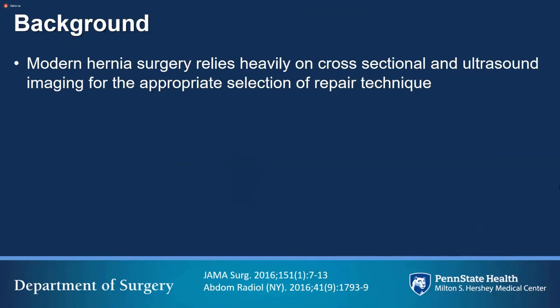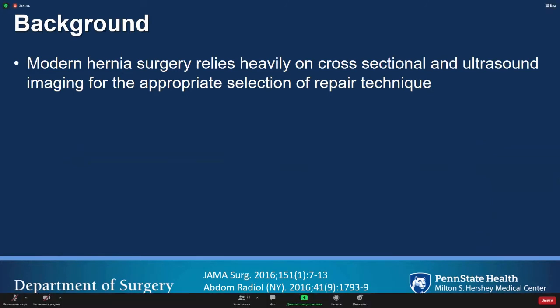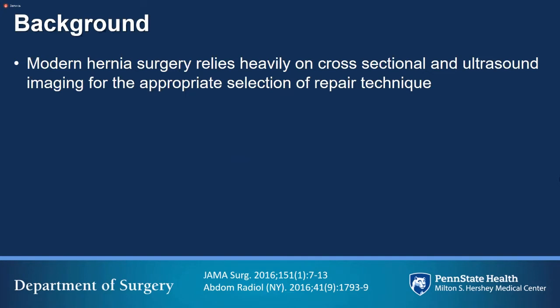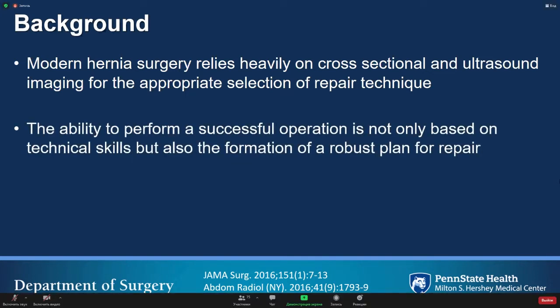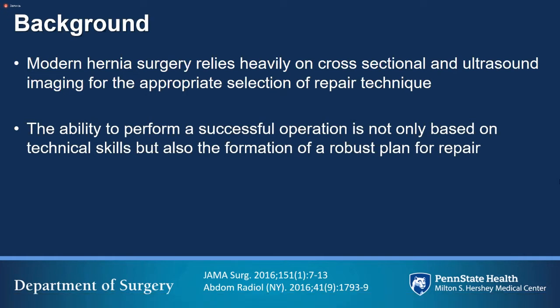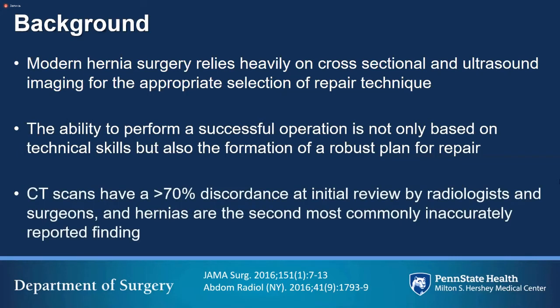Our careers very heavily rely on cross-sectional imaging and on ultrasound imaging to help us select the right operation for the right patient. And your ability to be successful as a hernia surgeon is really not just based off of technical skills. If you bring the wrong operation to the right patient, you're going to get a bad result. And so formulating the plans for repair from my end is really, truly important.